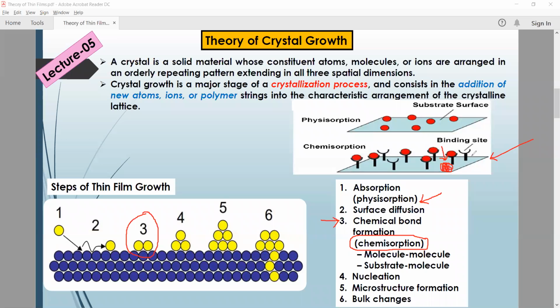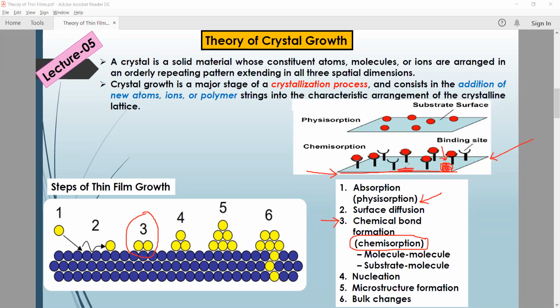So we can easily look here in this figure. This is the surface, this is the substrate, and this is the surface. What will happen exactly here?